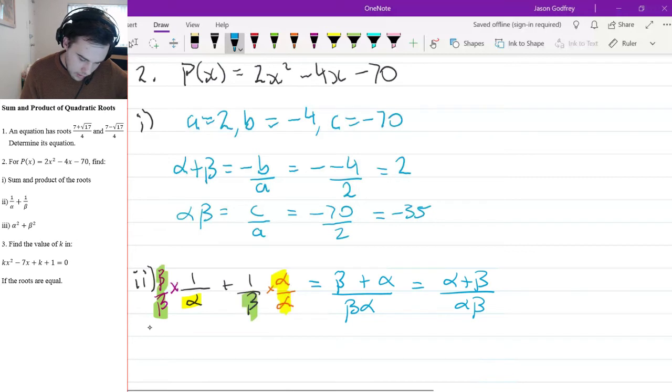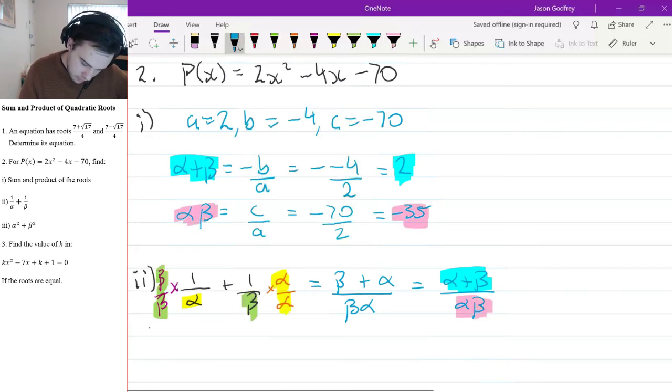We already have these values up here, so we can exchange alpha plus beta with 2, and alpha beta we know is negative 35. So we've got 2 on negative 35 is equal to 1 on alpha plus 1 on beta.